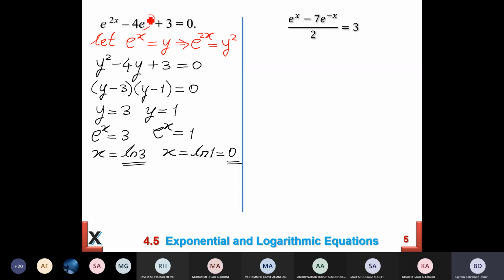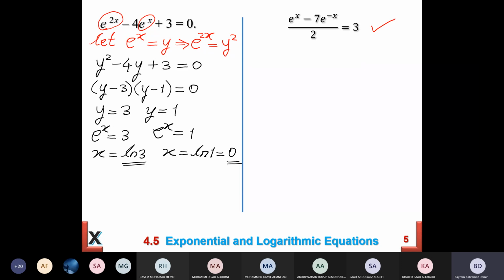The e to the 0 is 1, right? So e to the 0 is also 1. So you will get 4 minus 4 equals 0. So it satisfies. Perfect.